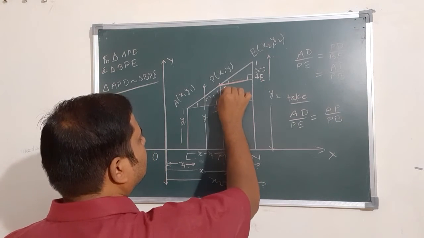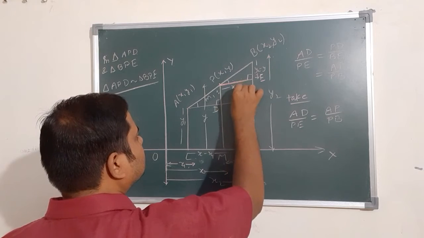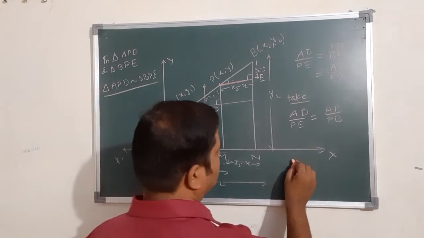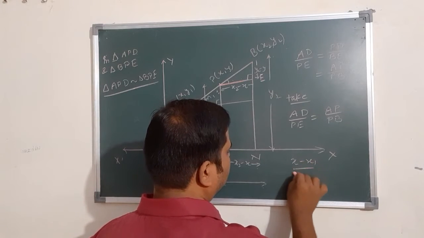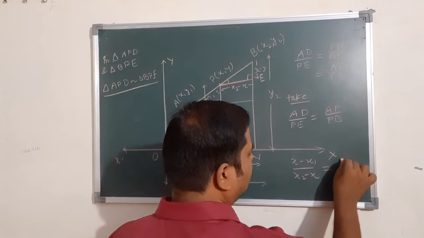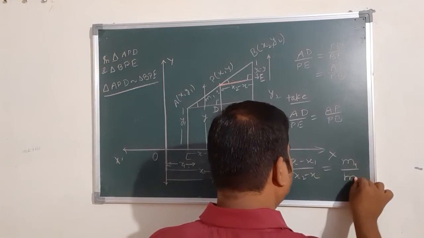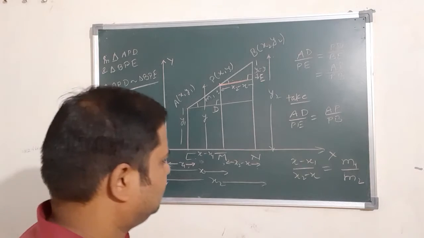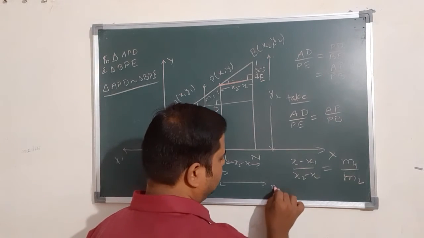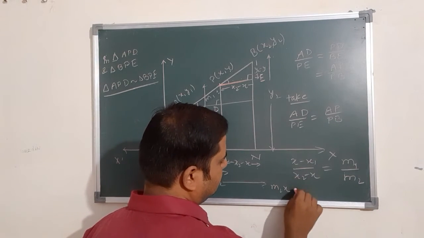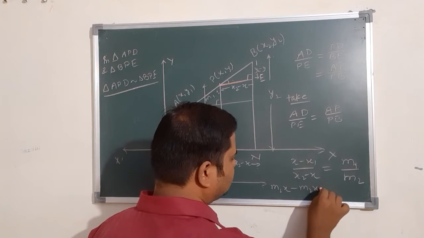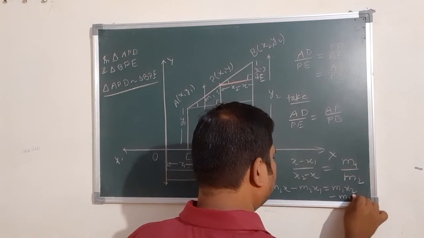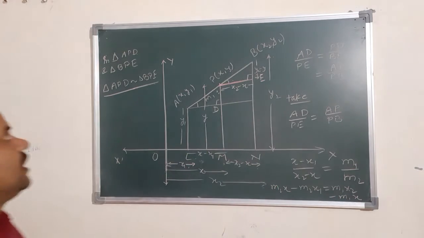So AD upon PE is (x minus x1) upon (x2 minus x), and this is m1 upon m2. If you calculate it, you will get the result. This is m2x minus m2x1 equals m1x2 minus m1x. So you can calculate it.